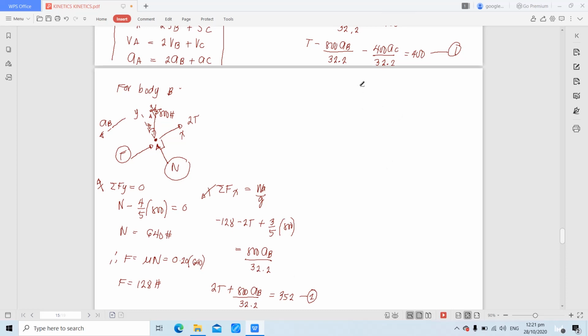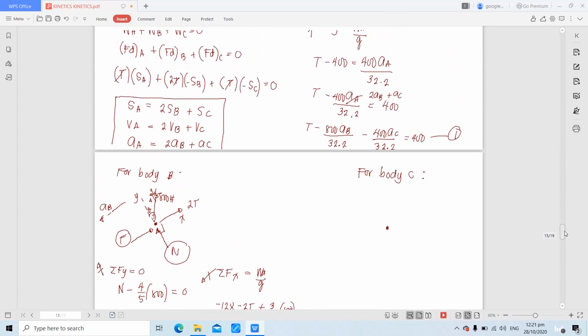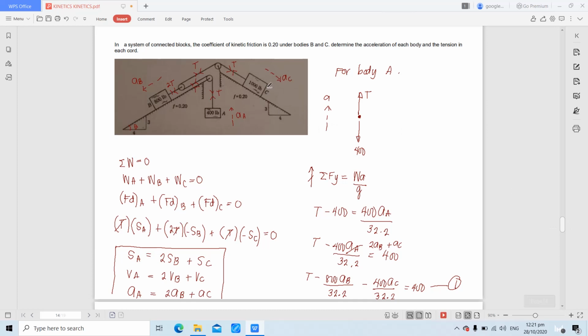Okay. Now, consider the free body diagram of body C. Let this be body C. Ano yung mga forces na mag-act doon? Yung ating body C, meron tayong weight going downward, tension T na pataas, meron tayong normal force dyan, meron tayong friction force opposing this motion.